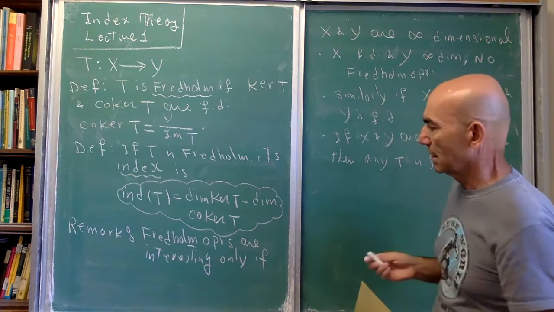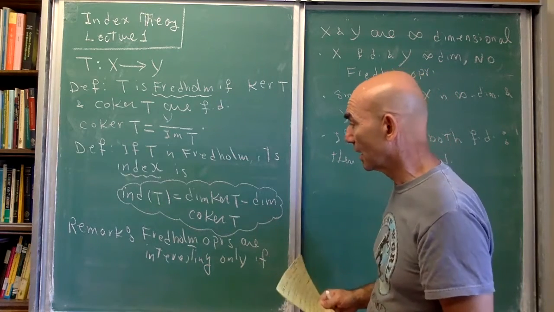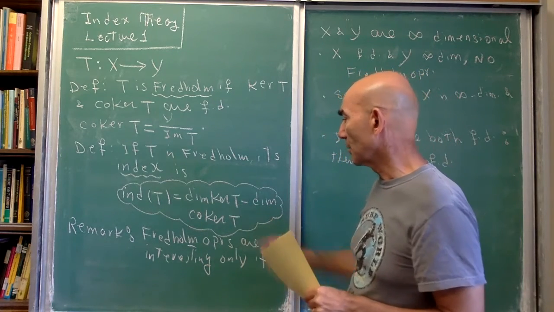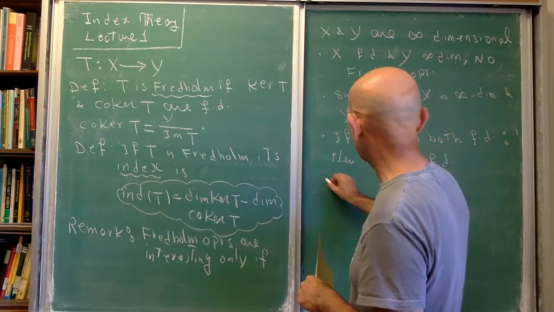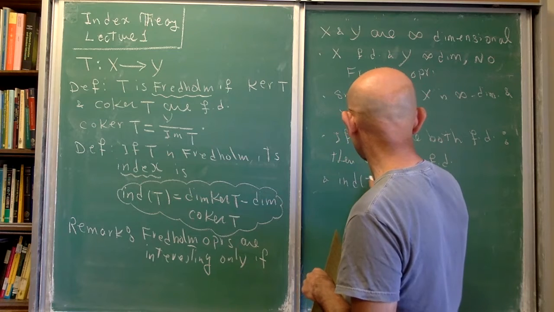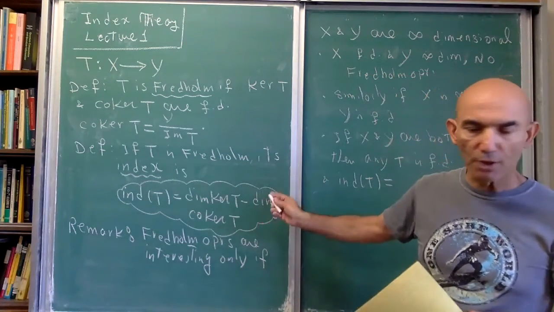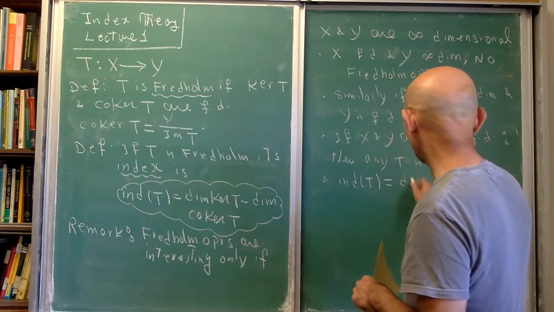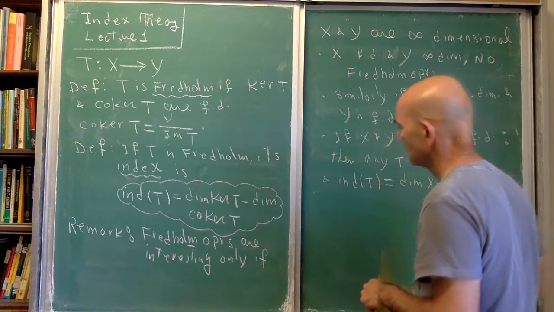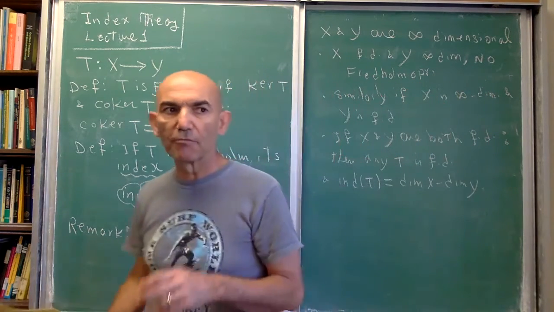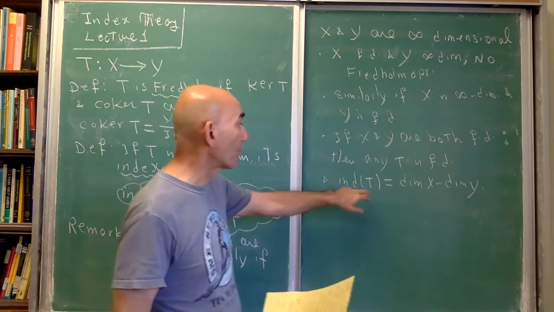And not only that, the index also is not that interesting, because it is independent of T in that case. The index of T turns out to be, well, you can just use the rank plus nullity theorem, just the dimension of X. So it's independent of the operator T itself.